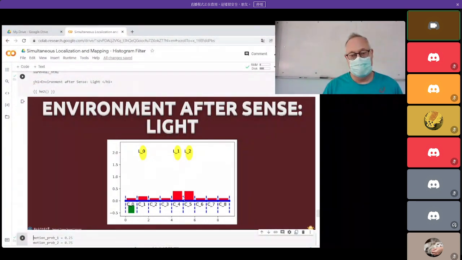So the most likely locations are C4 and C5. There's no way to distinguish between those two. And L0 is less likely because these two have the probability that it's under the light plus also the light from L2. Like C4, there's two ways that light can be detected in C4.